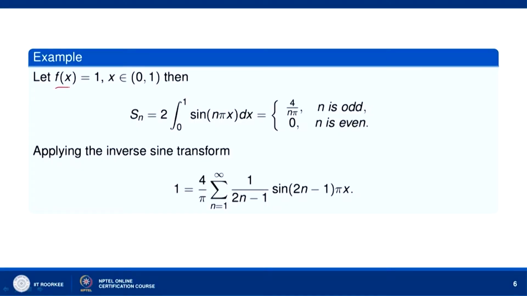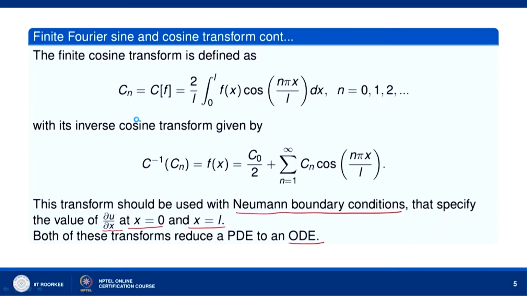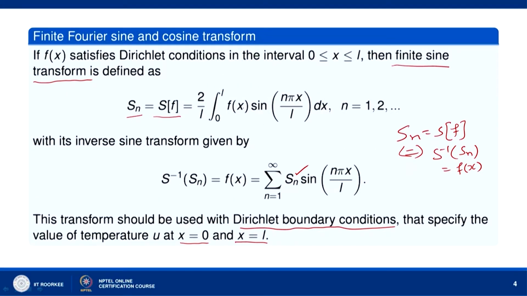So, let us consider first an example. Suppose we are given f x equal to 1 over the open interval 0 1. Then the finite sine transform of f, S n, is given by this expression. Since the domain of definition of f is 0 to 1, L will be equal to 1. So, we have 2 over 1 integral 0 to 1 f x sine n pi x over 1 dx.